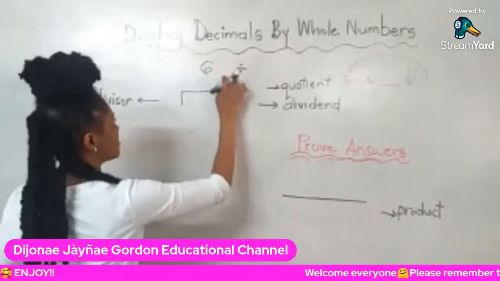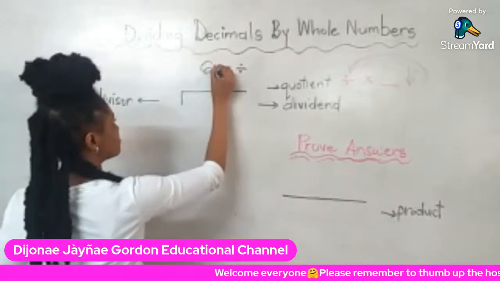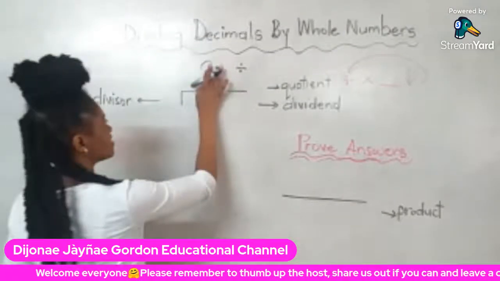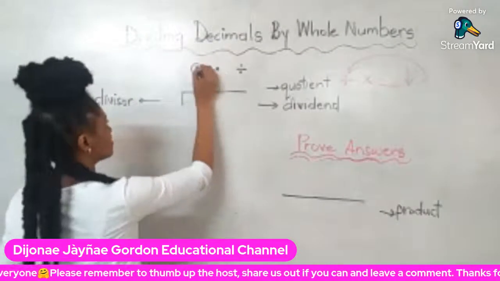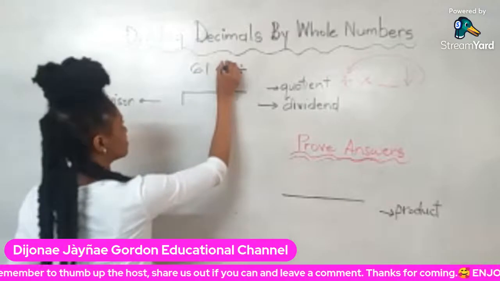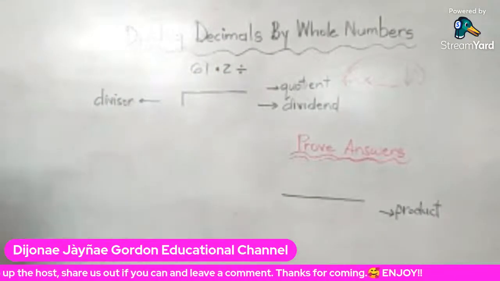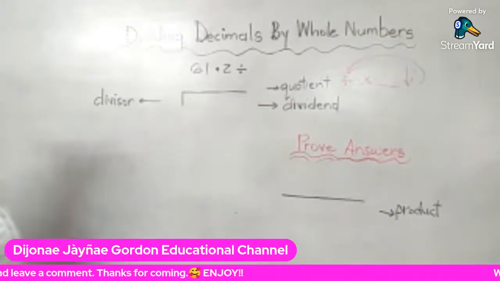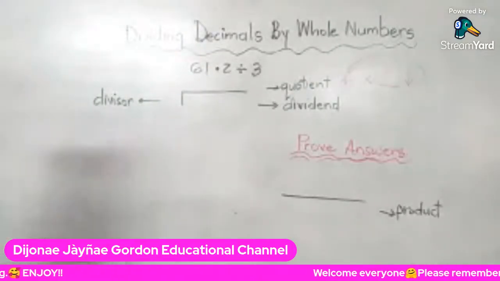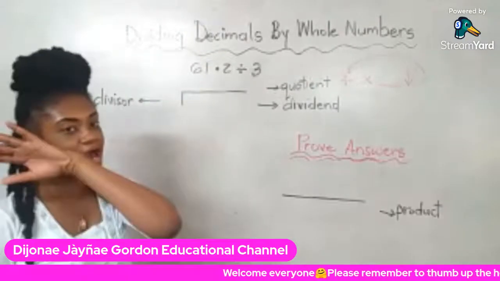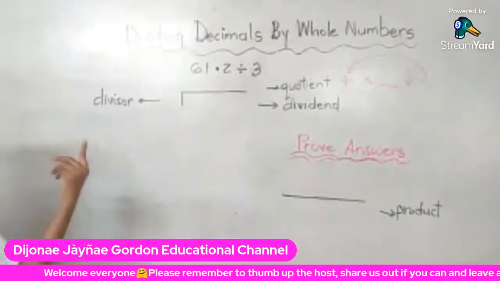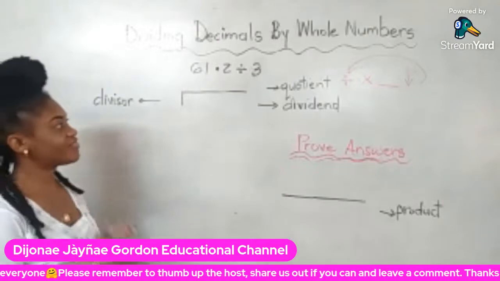Let me put it right there so that you will see much better. And of course, we're dividing by 3. All right, so right here we have 61.2, and we're dividing by 3.